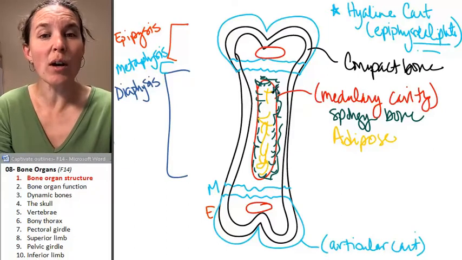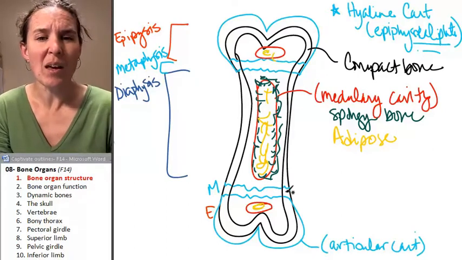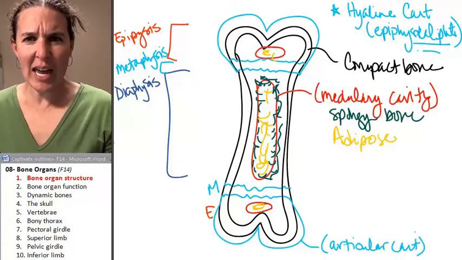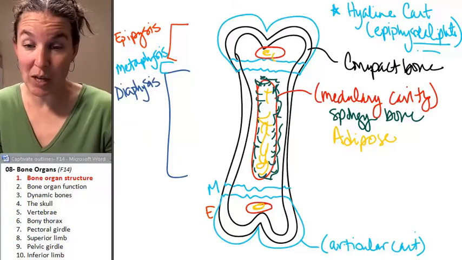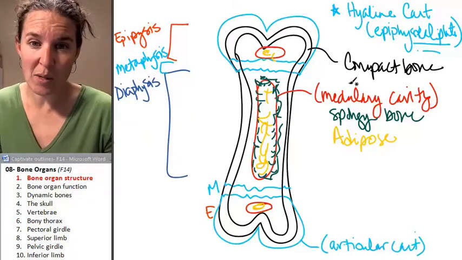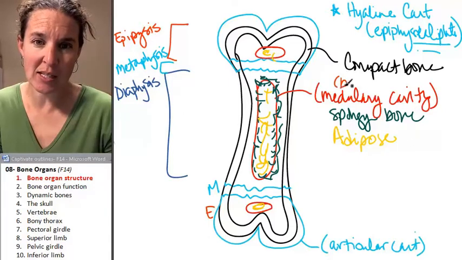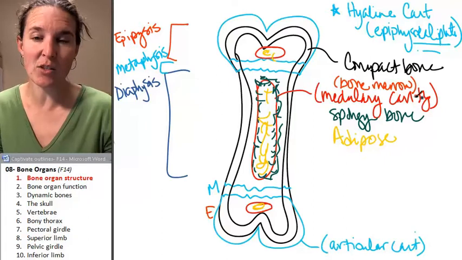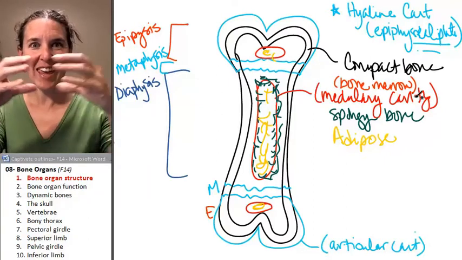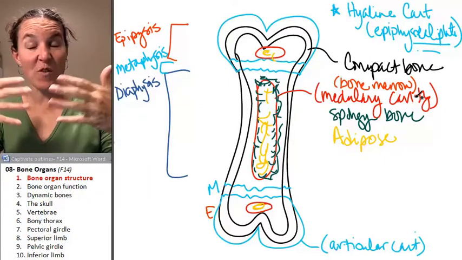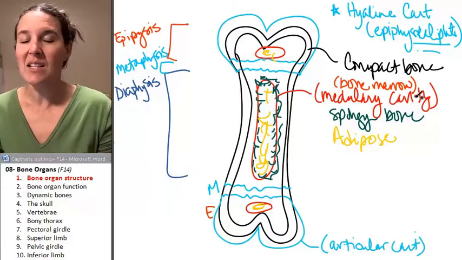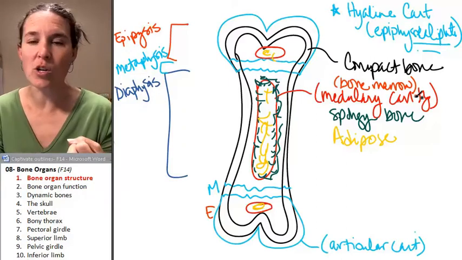Now, the medullary cavity contains bone marrow, so I'm going to put that in parentheses because it has bone marrow inside it. So the cavity is the space. It's filled with bone marrow. It's also filled with blood vessels and nerves.